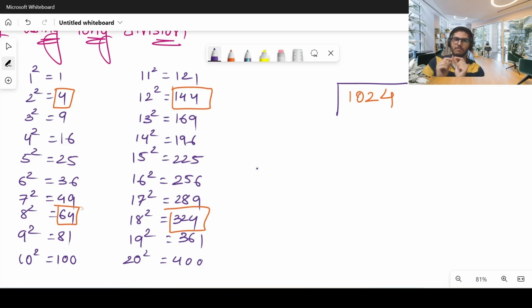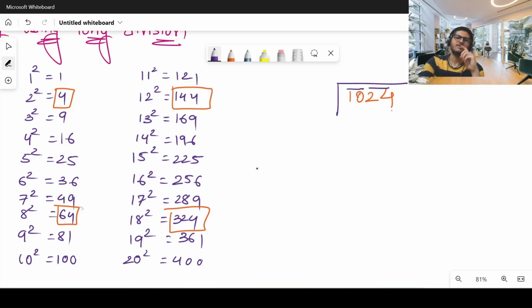Now we have to divide this number into pairs. How to divide the number into pairs? You have to start making pairs from the extreme right side. That means if I go to the extreme right, 4 is a digit, then we have 2, so 24 is the first pair. Then the next pair is going to be 10, which is this.